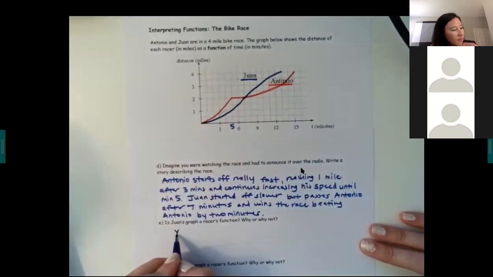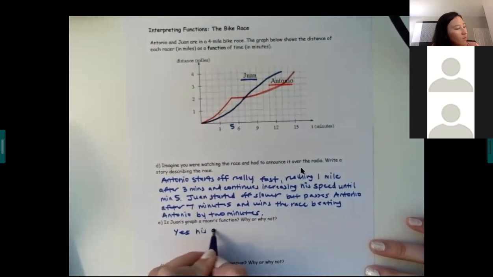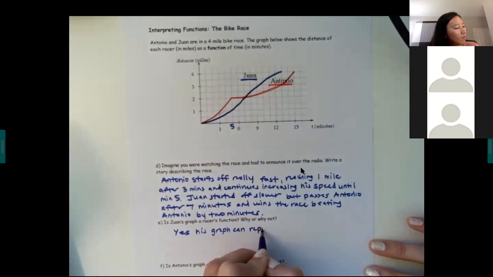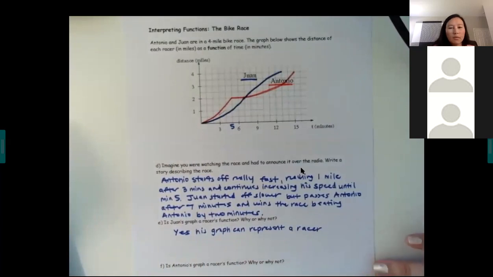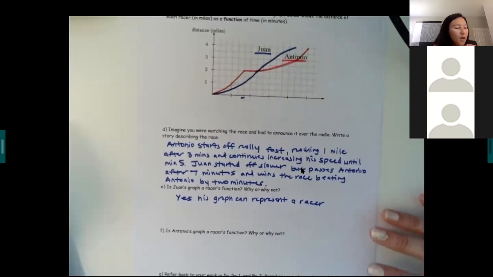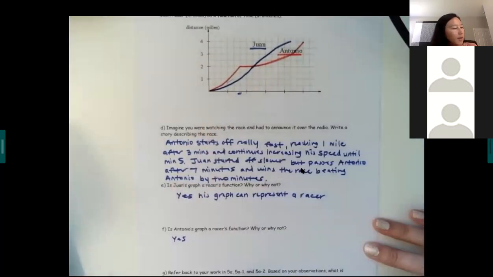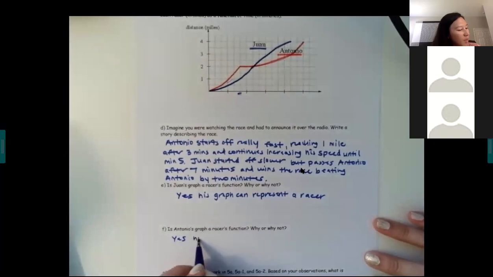Yes. Is Antonio's graph a racer's function? Yes, because we just went through and explained exactly what happened, and it's totally possible.